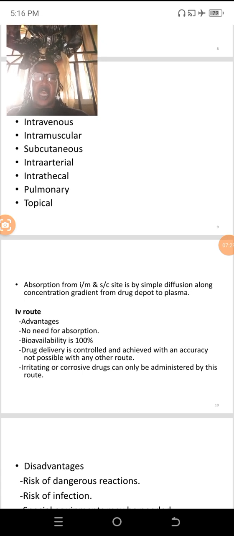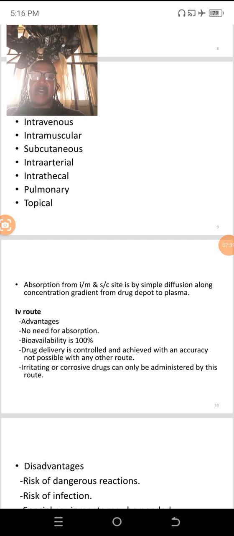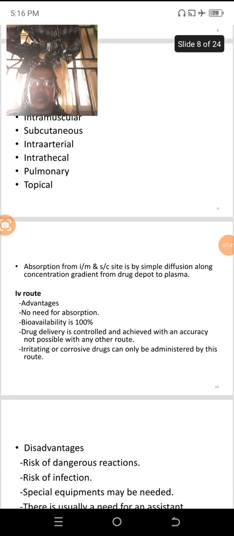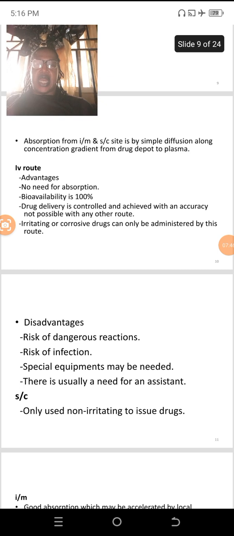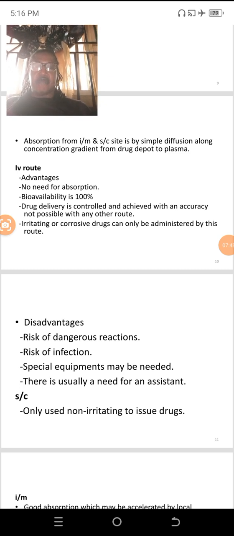Then drugs that can irritate the GIT or drugs that are corrosive to the GIT can be administered via the intravenous route. Of course, it has its own disadvantages also, and these include risk of dangerous reactions, risk of infection, then special equipment may be needed, then there's usually a need for an assistant.